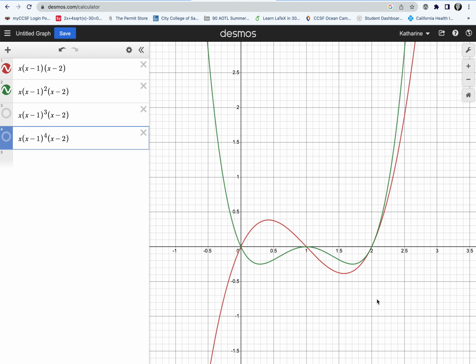So how do you know you've got a 0 or a root with multiplicity greater than 1, like multiplicity 2, multiplicity 3, multiplicity 4? You know that because it flattens out, and then it does something different. In this case, x minus 1 squared means that this comes up and does that touch, and then goes back down. So it does not cross completely the way that the original polynomial did.